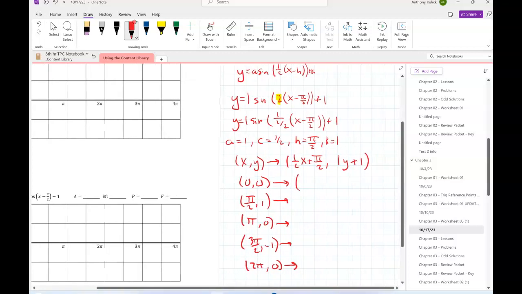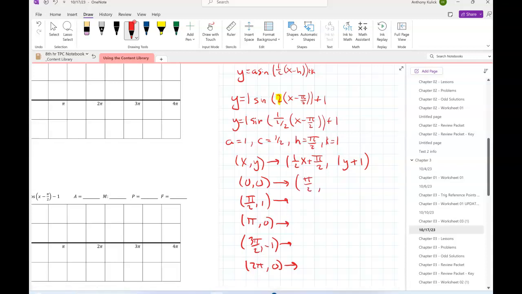So 1/2 times 0 plus pi over 2 is just pi over 2. 1 times 0 plus 1 is 1. 1/2 times pi over 2 is pi over 4, plus pi over 2 is 3 pi over 4. And then 1 times 1 plus 1 is 2. 1/2 times pi is pi over 2, plus pi over 2 is pi.